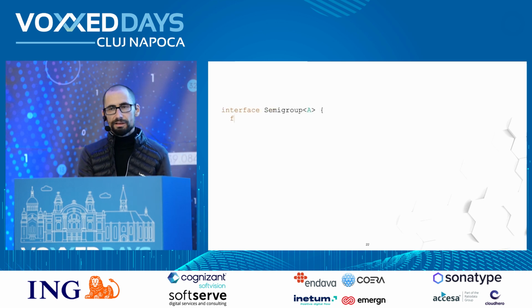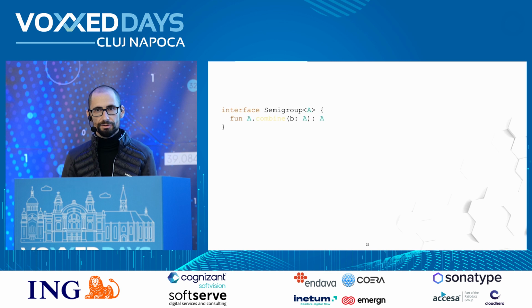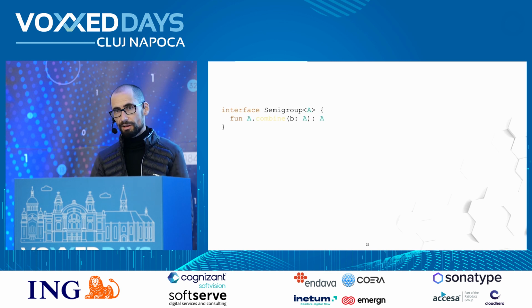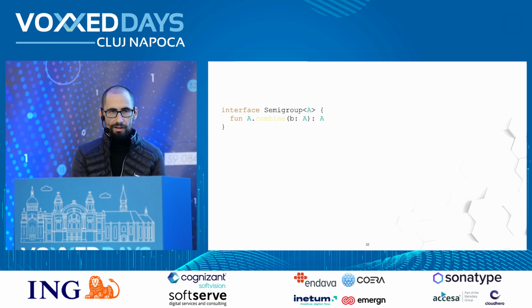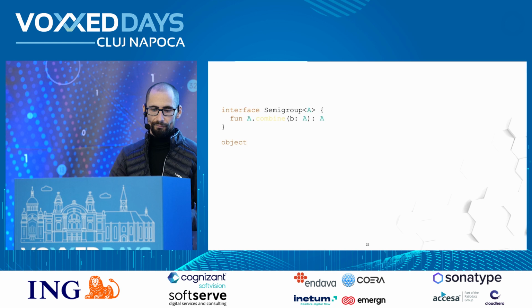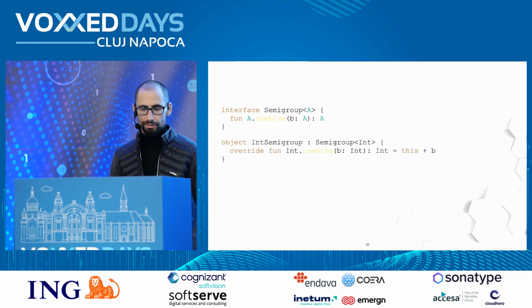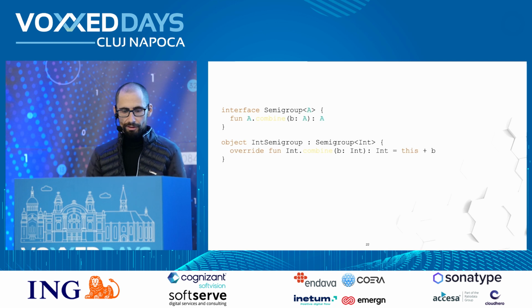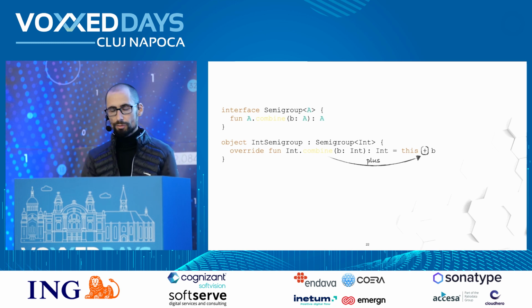If we were to define something like this in Kotlin, it would be something simple, like an interface that has one function that combines two elements of the same type and produces another element of the same type. For our Int, if we were to create an actual implementation of a semigroup for an Int, it's going to look like this, where the combine is basically the plus operator.